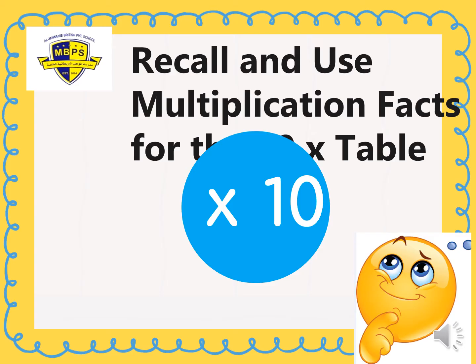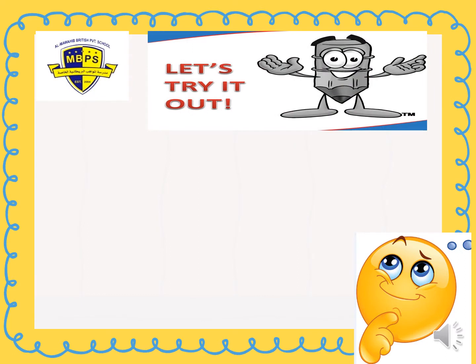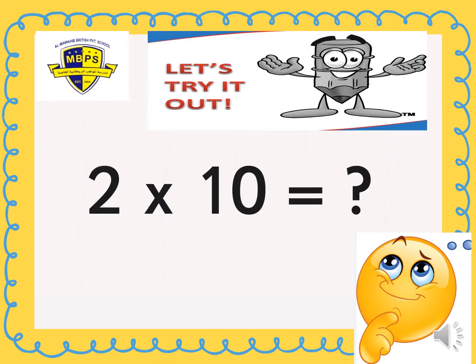Now, let's recall and use multiplication facts for the timetable 10. This will help us when we are going to divide by 10. We will have just 3 questions, then we are going to start our lesson. Are you ready? Let's try it out. 2 times 10 equal what?